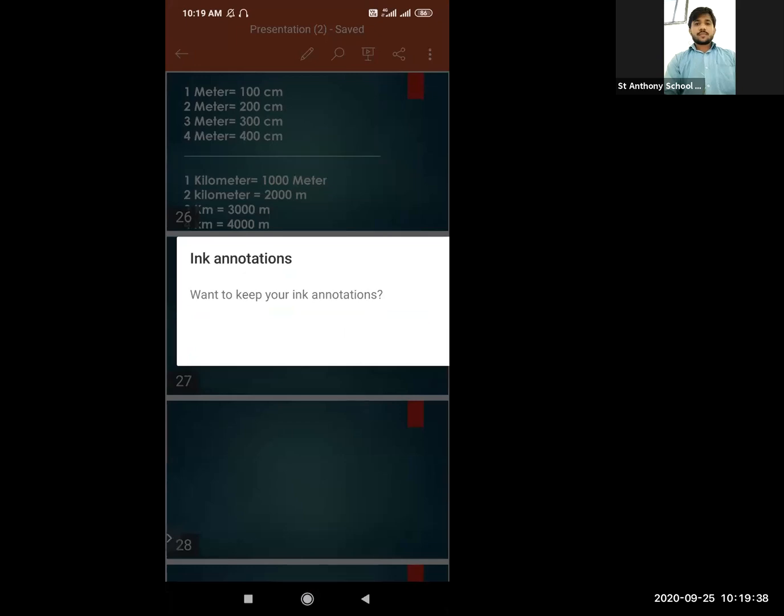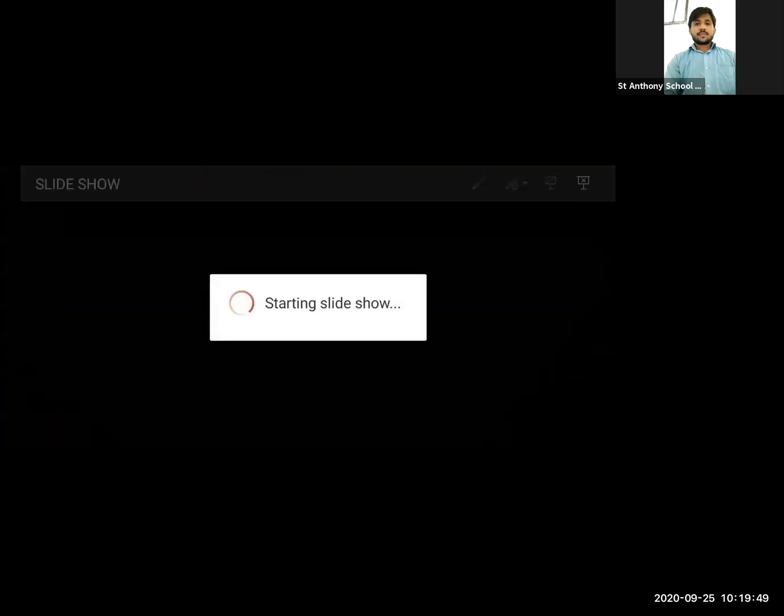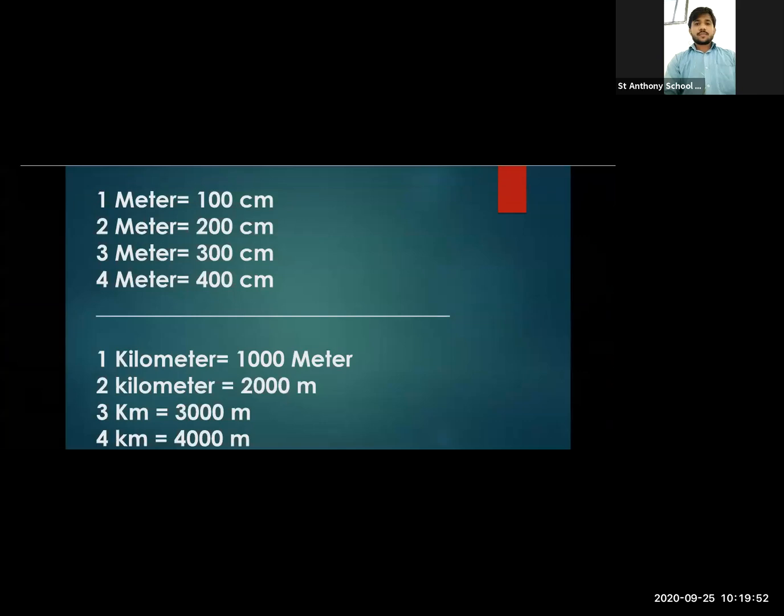As I told you, the standard units of measuring length are centimeter, meter, and kilometer. We use centimeter to measure small things. We use meter to measure things like a blackboard, a bench, or the distance between two walls, or the length of a door from one point to another.